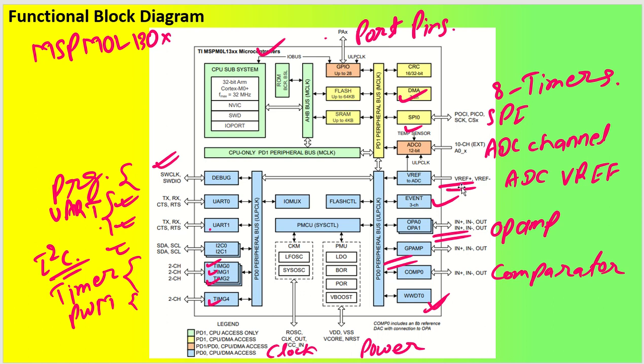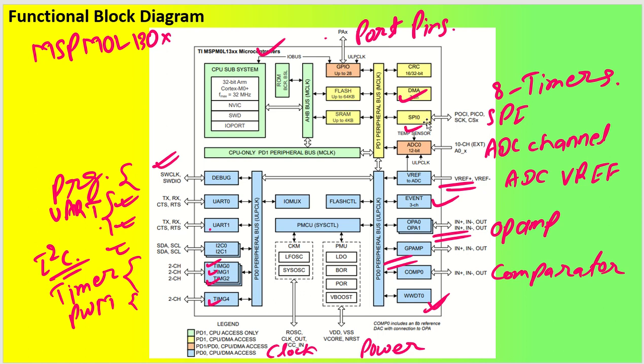We have VREF internal, so it has a VREF pin and a VREF minus pin. So basically you can add an external voltage reference as well. It has 10 external analog to digital converter channels. Only one ADC is there, however it has a total of 10 channels, so you can connect 10 signals to be converted by your ADC.